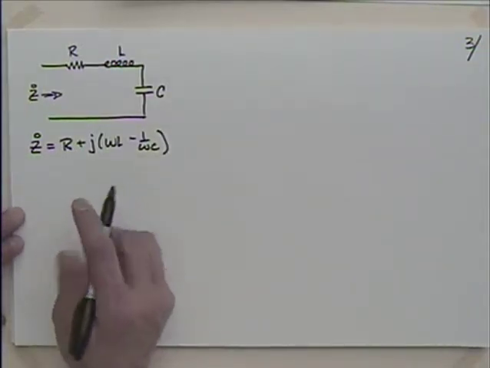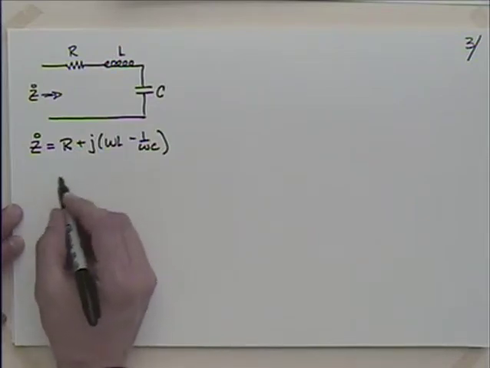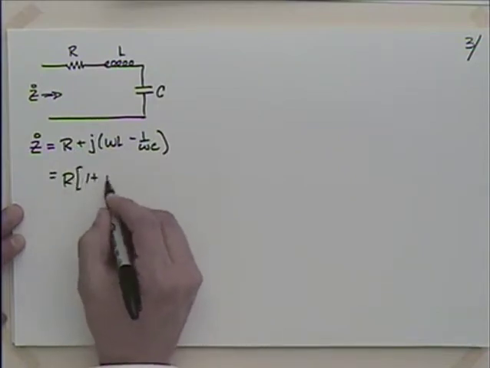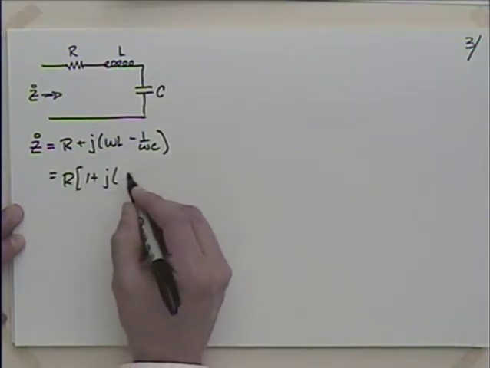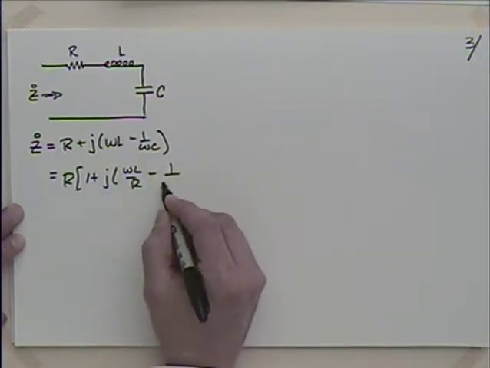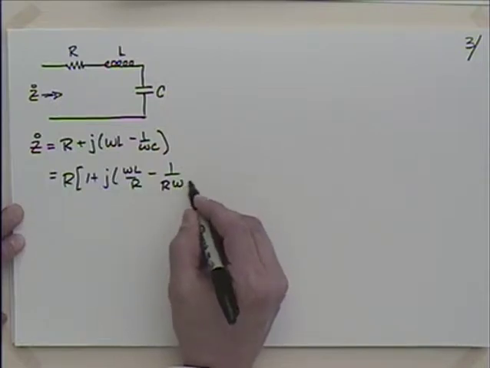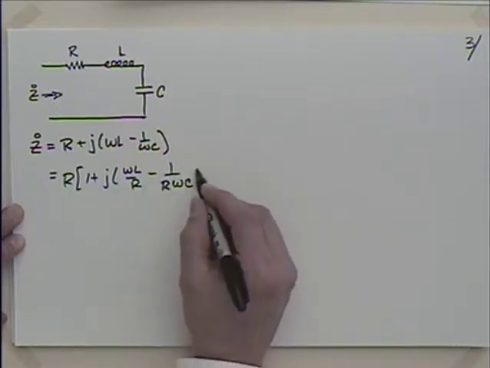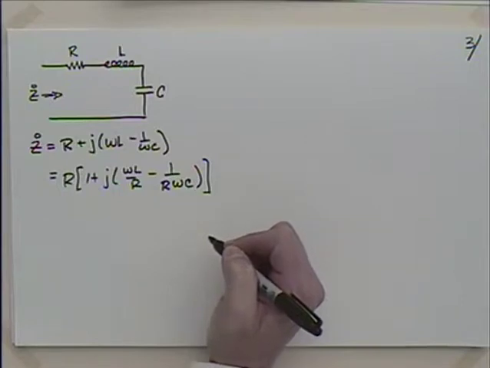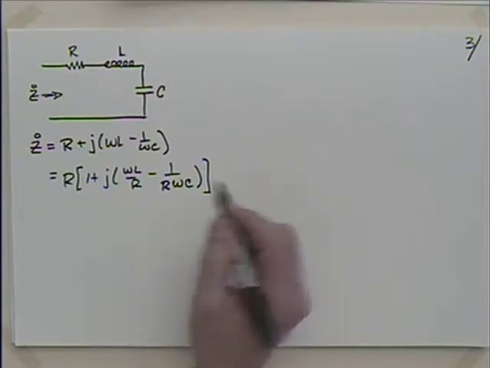And we could go through a very similar process. Maybe I'll zip through this a little faster than we did last time. We'd have R times 1 plus J omega L over R minus 1 over R times omega C. Then I can multiply everything by, what would work here? Omega naught over omega naught. Yeah, why don't I do that?